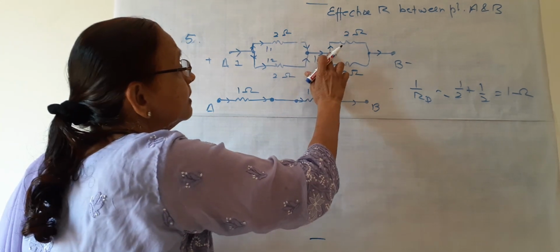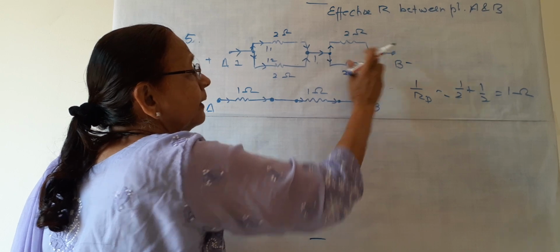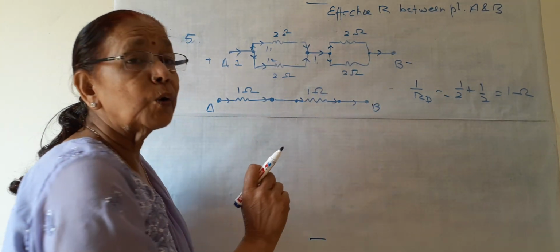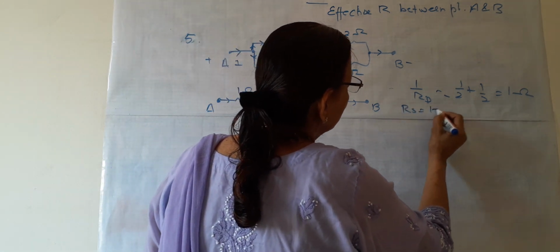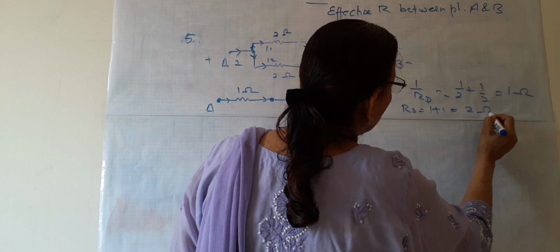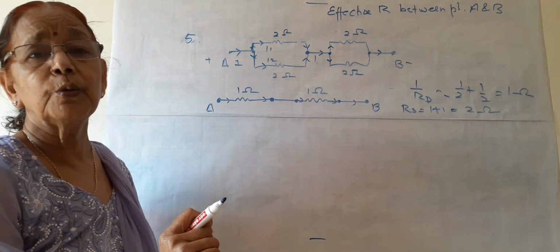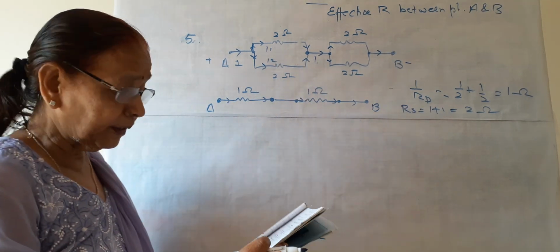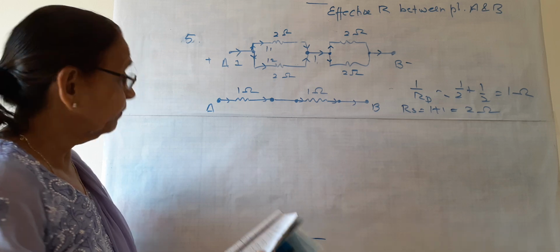This current enters here, travels inside this, and then comes out as a single current. So these two are now in series. Series equals 1 plus 1. The total ohm in the circuit is 2. So the effective resistance in this circuit is 2 ohm.